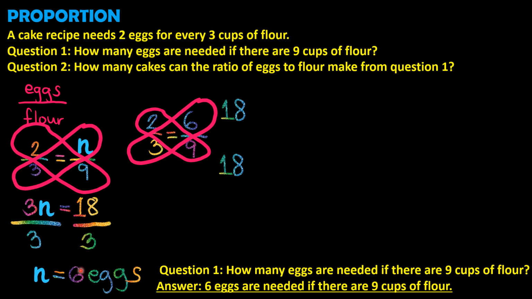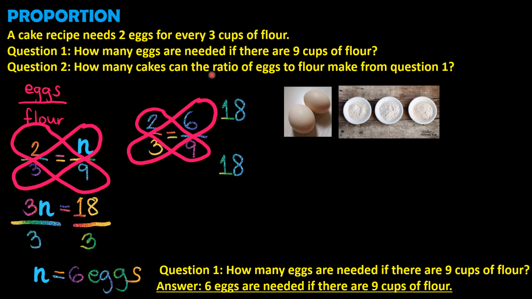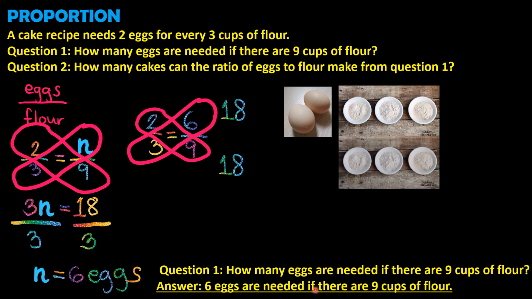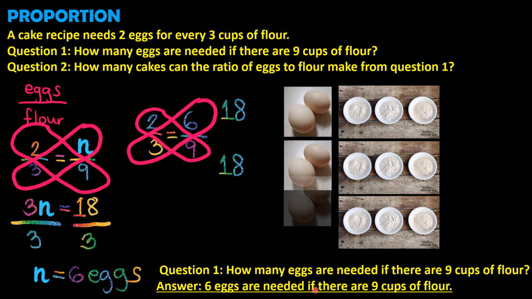Now, going back with the given, we need 2 eggs for every 3 cups of flour, right? And in question number 1, how many eggs are needed if there are 9 cups of flour? So we have 9 cups of flour. And for every 3 cups of flour, we have to pair it with 2 eggs.